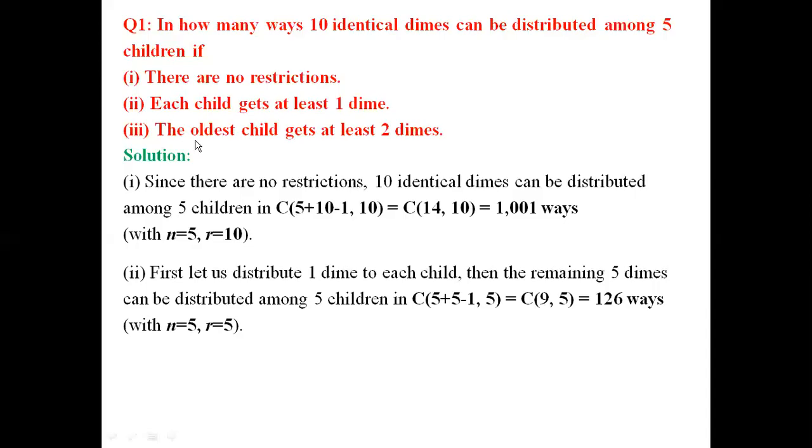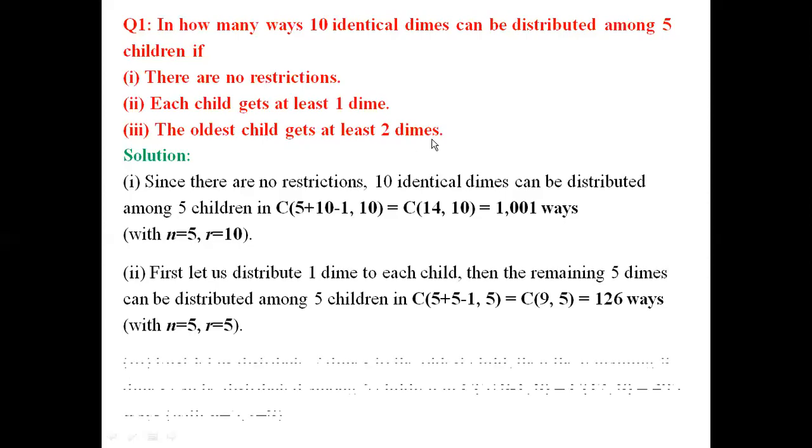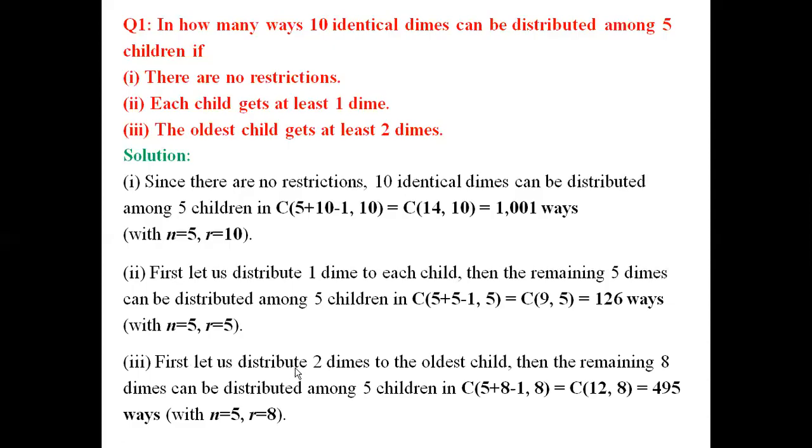Now the third case: the oldest child gets at least 2 dimes. Among the 5 children, let us assume one of them is the oldest. First we distribute 2 dimes to the oldest child. Then we are left with 8 more dimes, which we need to distribute among the 5 children.